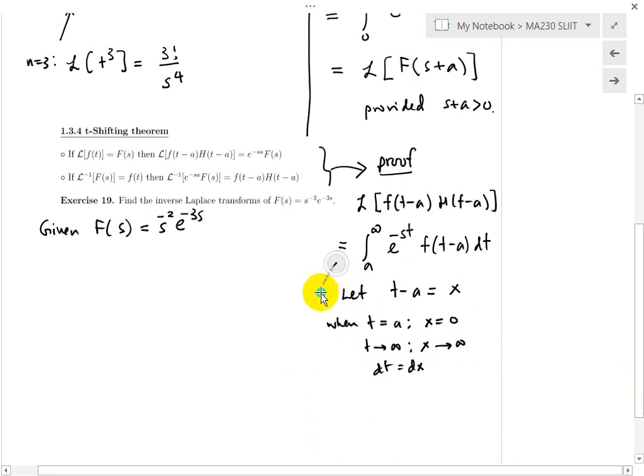So this is now equal to the integral from 0 to infinity of exponential minus s times t, which is x plus a, f of x dx.